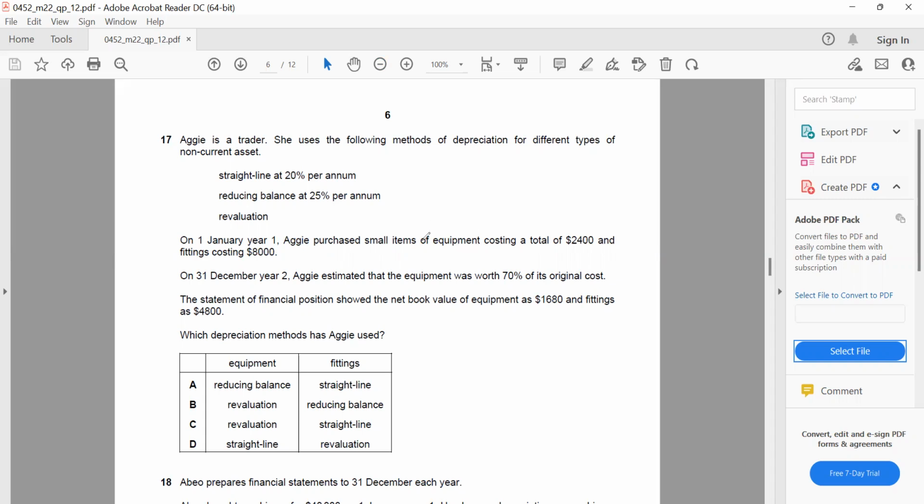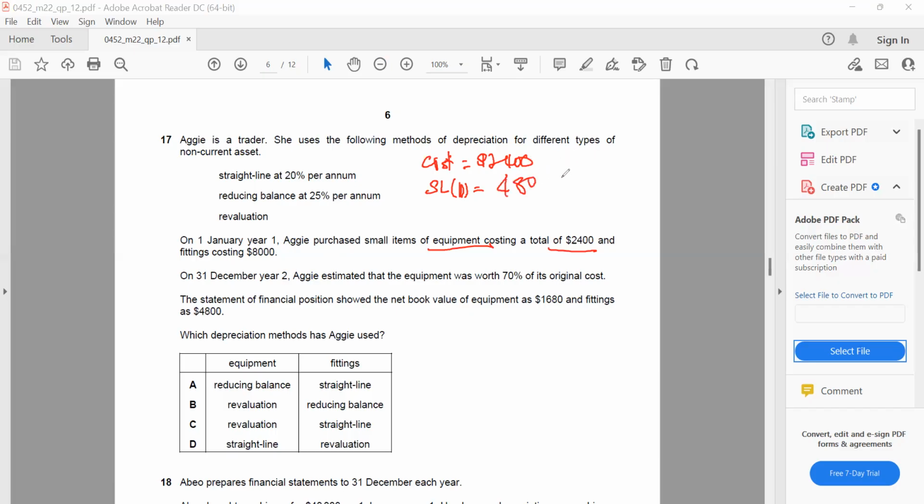So we see one by one first. Okay, too many things to see. Equipment cost. So we think about equipment cost first. Equipment cost is 2,400, and this is the first year. If I use straight line, 20% depreciation will be 2,400 times 20%, 480.